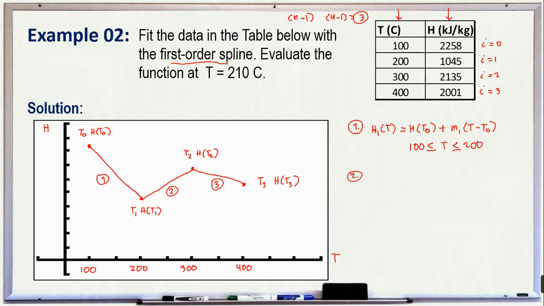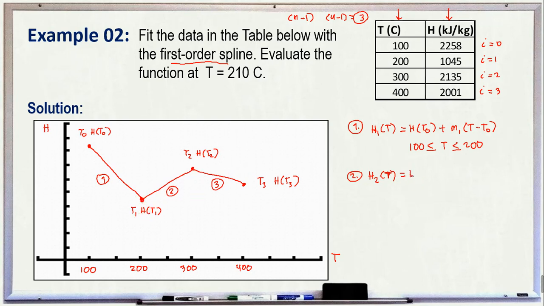For our second line, it corresponds to the second interval. So that is h2 of t equals... here we note the dependent variable for a data point along line 2 on the left portion. For line 2, the left portion is t1, or h of t1.